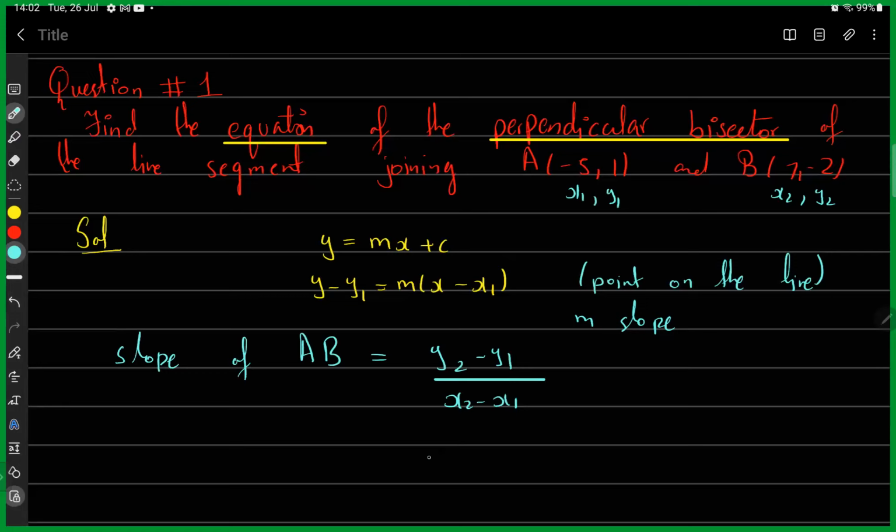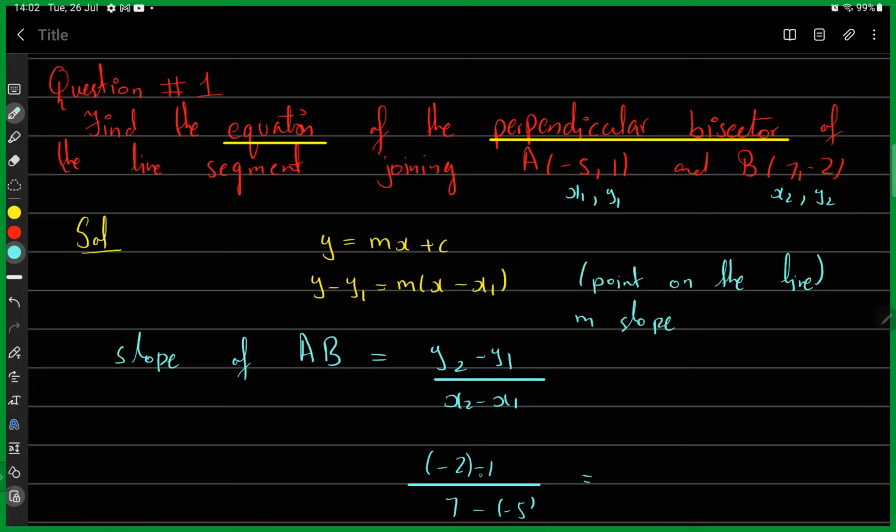So it's going to be minus 2 minus 1 divided by 7 minus 5.